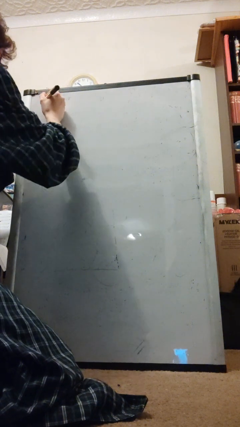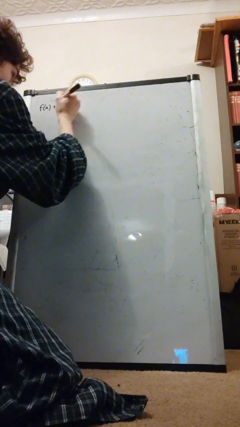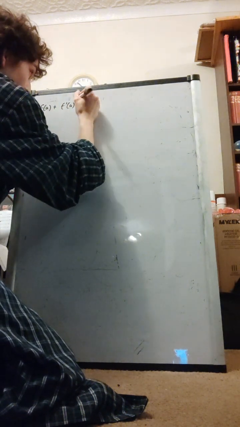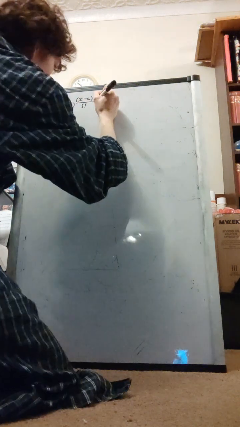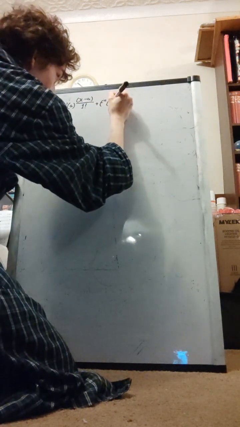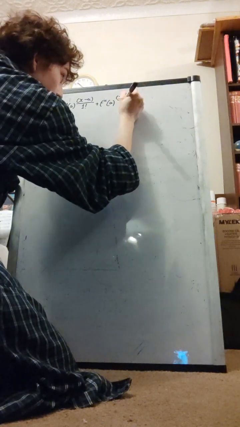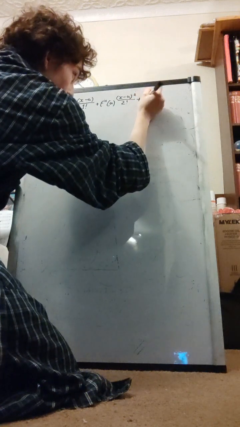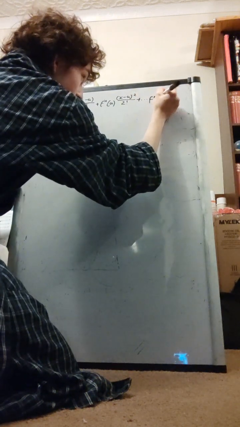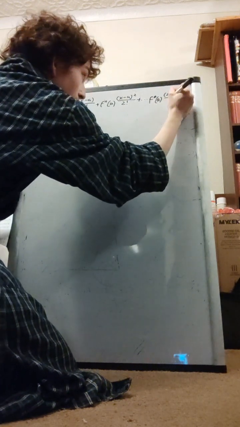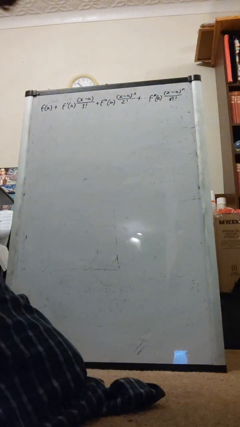And we can start off by saying that f of A plus f prime of A times x minus A over 1 factorial plus f double prime of A times x minus A squared over 2 factorial plus dot dot dot f to the n of A times x minus A to the n over n factorial. I mean, that's your kind of description of a Taylor series, right?